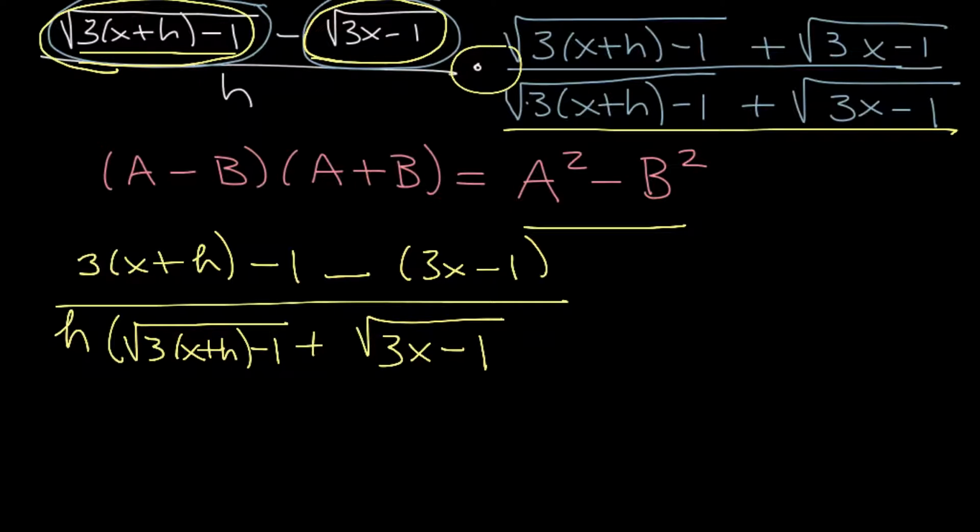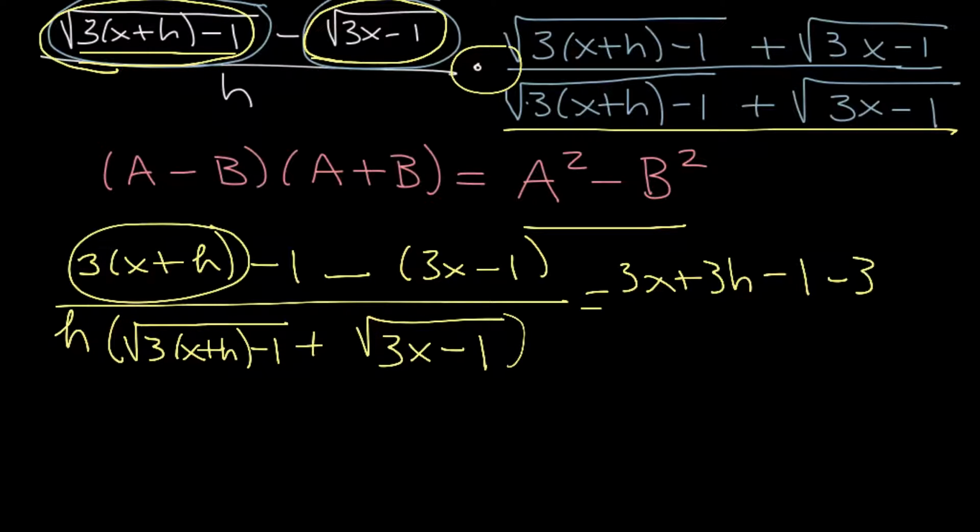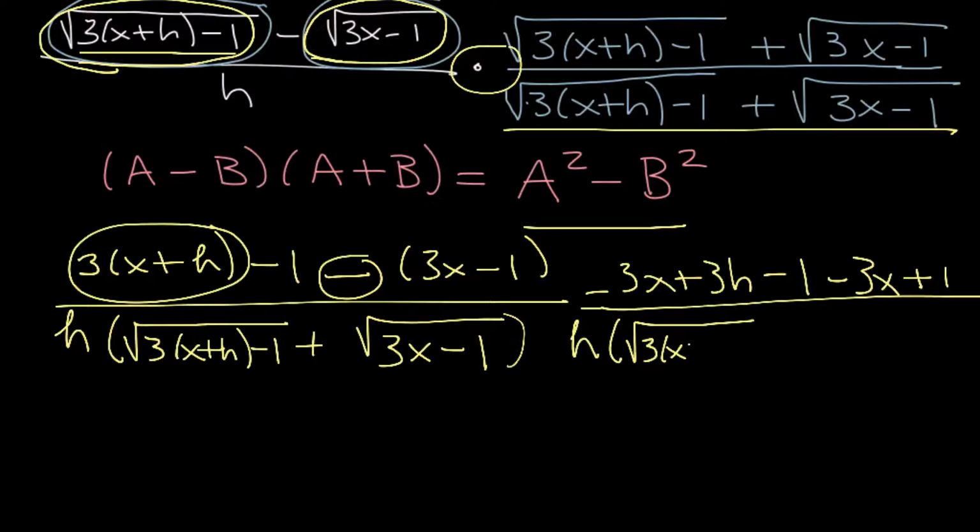So now we have combined those fractions, and we can do a little bit of simplifying. Let's use the distributive law here. We get 3x plus 3h minus 1 minus 3x, distributing this minus, plus 1, over the entire expression, h times the square root of 3 times x plus h minus 1 plus the square root of 3x minus 1.